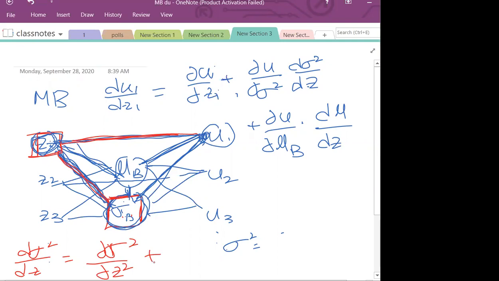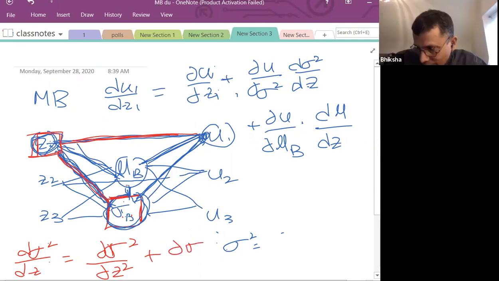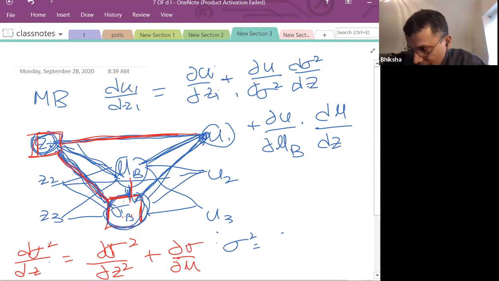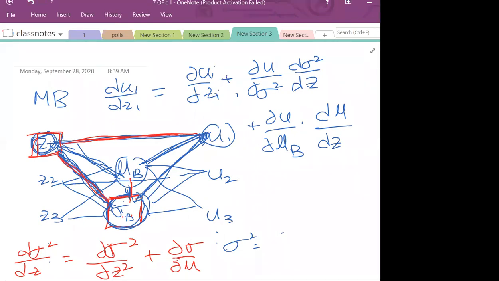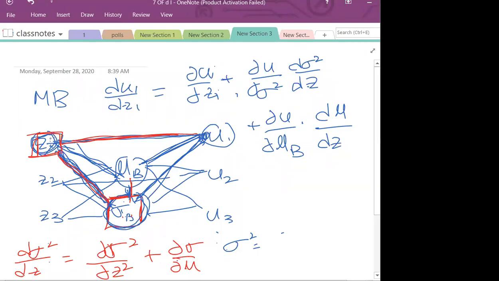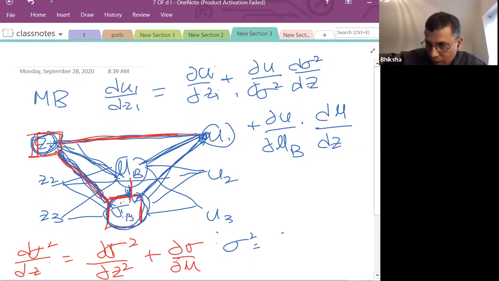Del sigma by del mu. Partial or full? That will be a partial. Doesn't really matter anyway, because there's only one connection between the two. It's only when you have multiple connections that you have to distinguish between partials and fulls. If you ever had any confusion about the difference between a partial and a full, when you draw the influence diagram, if you have multiple paths between two variables, partials are not the same as fulls.